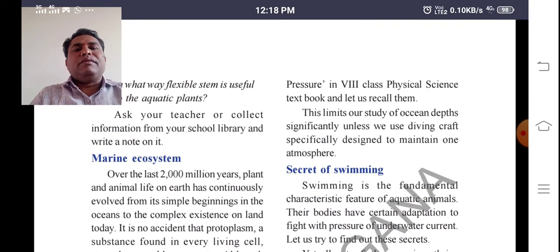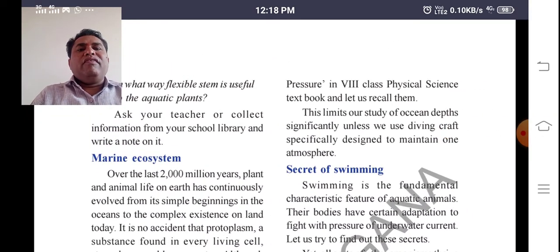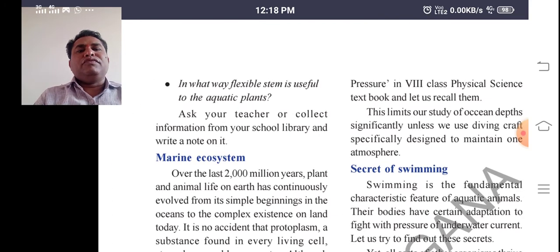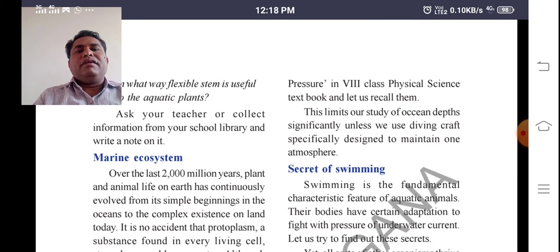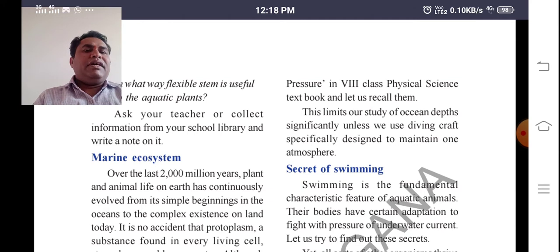Let us discuss in what way a flexible stem is useful to the aquatic plant. The flexible stem helps the stem move here and there in the water due to water currents, so as not to break.